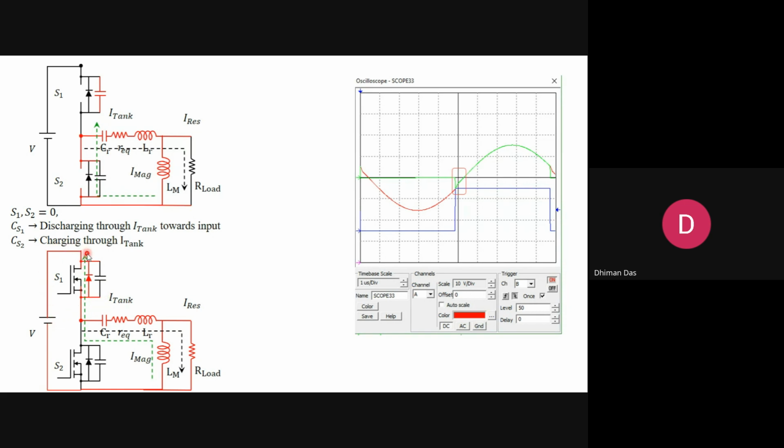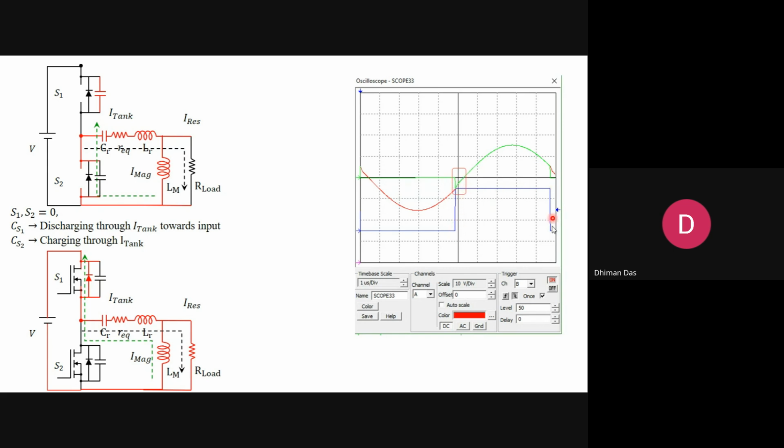Now when the body diode starts to conduct, the current starts to flow towards the source. That is why you can see a negative current in the source current.